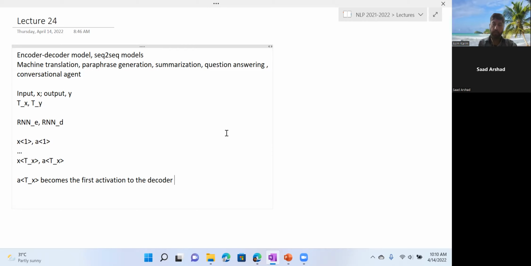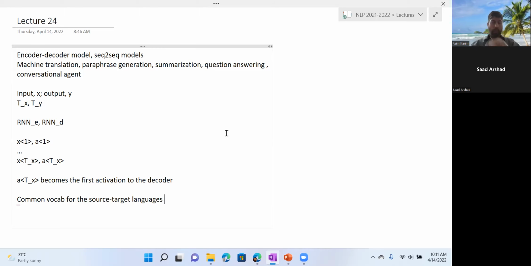So the decoder, while training, uses the target language, while the encoder uses the source language. So oftentimes we will build a common vocabulary for the source and target languages.